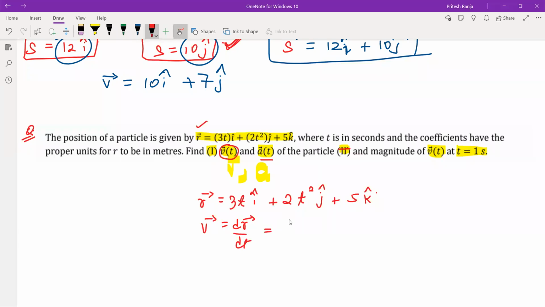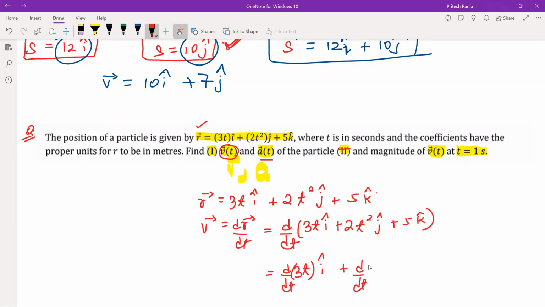So just put instead of r, so d by dt of 3t i cap plus 2t squared j cap plus 5 k cap. This can be written as d by dt of 3t i cap plus d by dt of 2t squared j cap plus d by dt of 5 k cap, right?